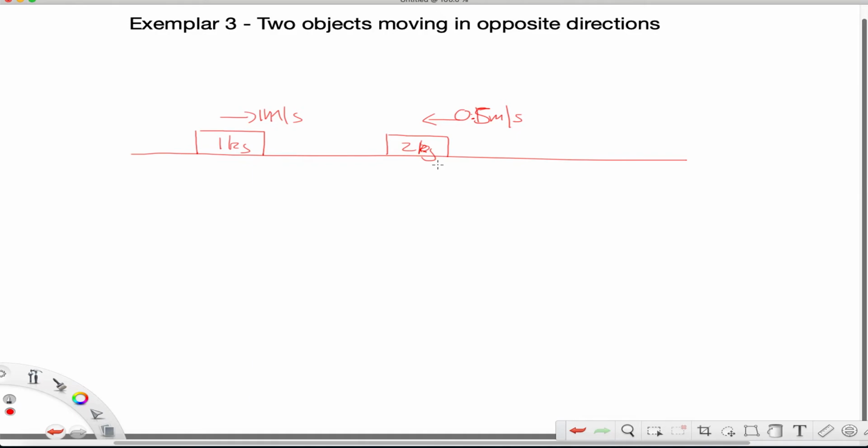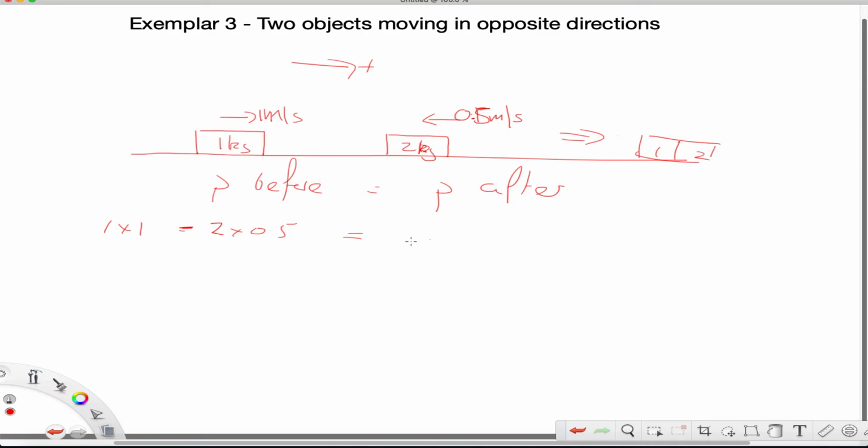So, like before, momentum before equals momentum after. So we have 1 times 1, but this time that's going in the opposite direction, minus 2 times 0.5, because if this is positive, then that's negative. So 1 times 1 minus 2 times 0.5, and, well, let's just say they stick together again.